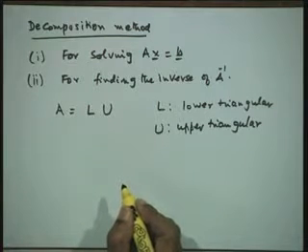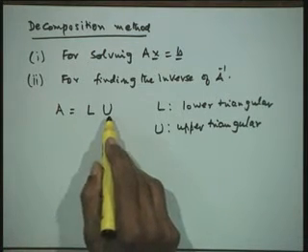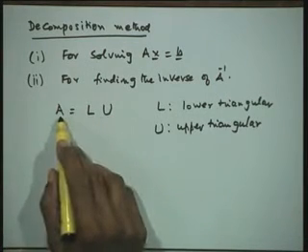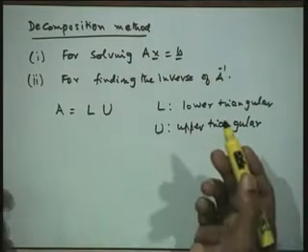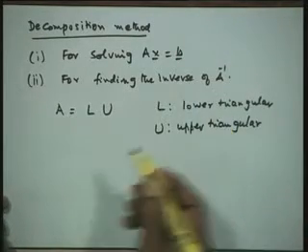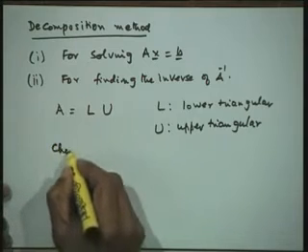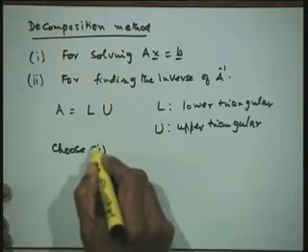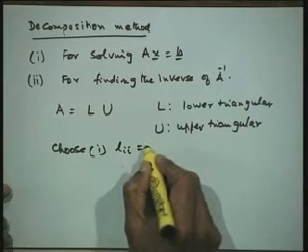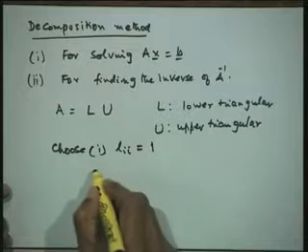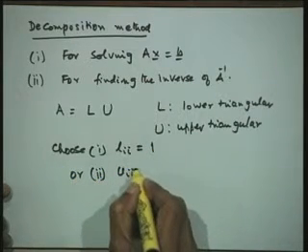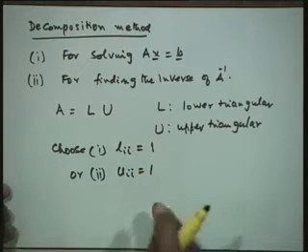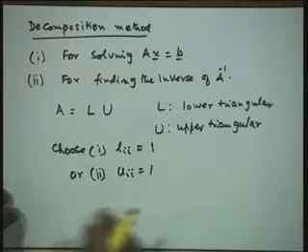We have also shown that if you multiply L and U and compare with A, we get n arbitrary parameters, and hence we said choose either Lii = 1, that is the diagonal elements of L as 1, or Uii = 1, that is all the diagonal elements of U equal to 1.